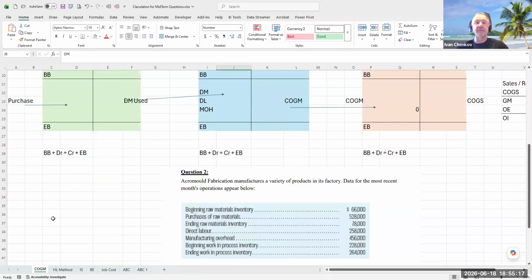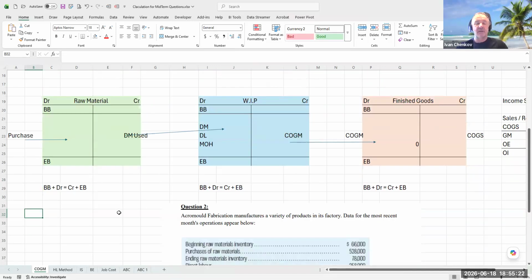So let's go. Direct material that we use. How are we going to get it? First, we're going to get the beginning balance of the raw material, which in this case, let's put some numbers a little bit later. Let's keep going with this now. Then once we have the beginning balance, we're going to add the purchases. Once we add the purchases, we're going to have direct material available.